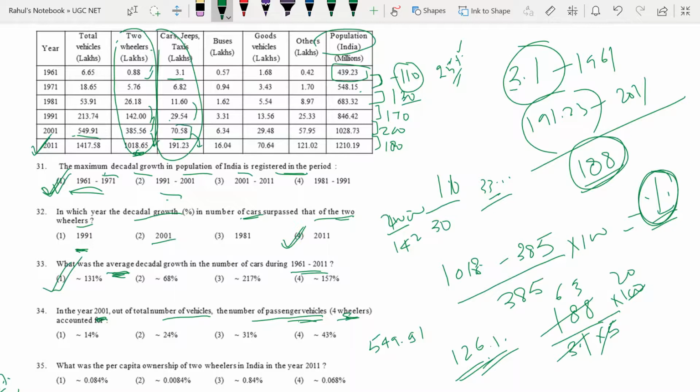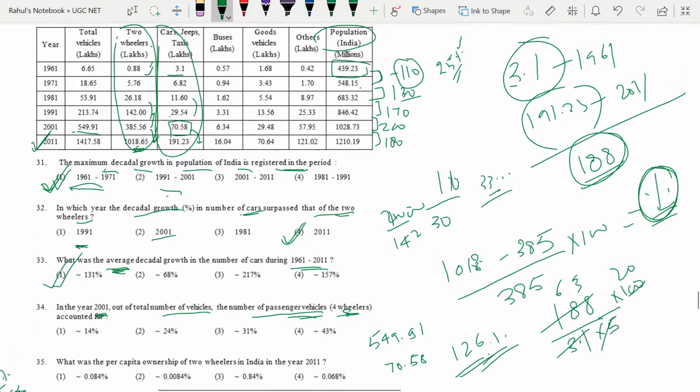Means 70.58 plus 6.34 out of total number of vehicles. How many number of passenger vehicles, four-wheelers, good vehicles, it may be used for that now.